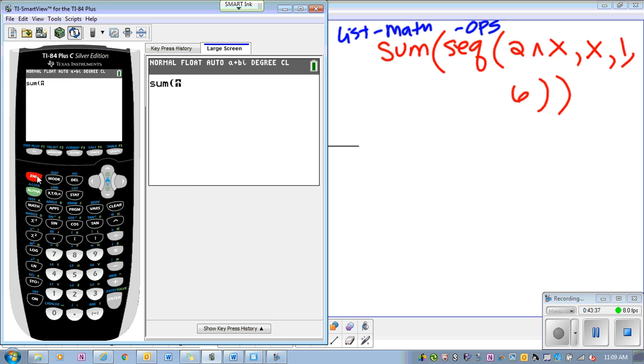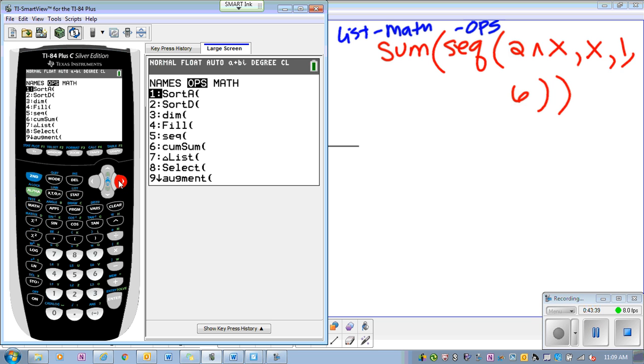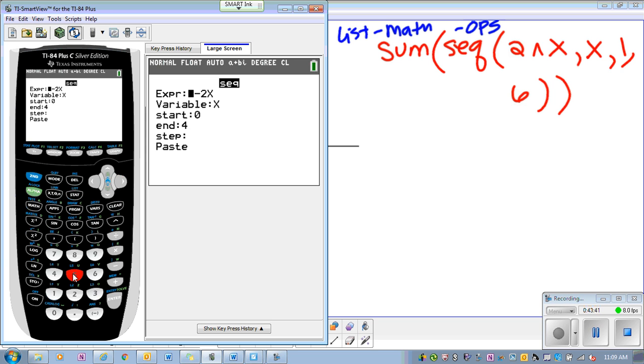Second stat, go to ops, sequence. Then I have 2 to the x, right? Comma, x, comma, 1, comma, 6. Just like that, right? Close parentheses again. What did you get?